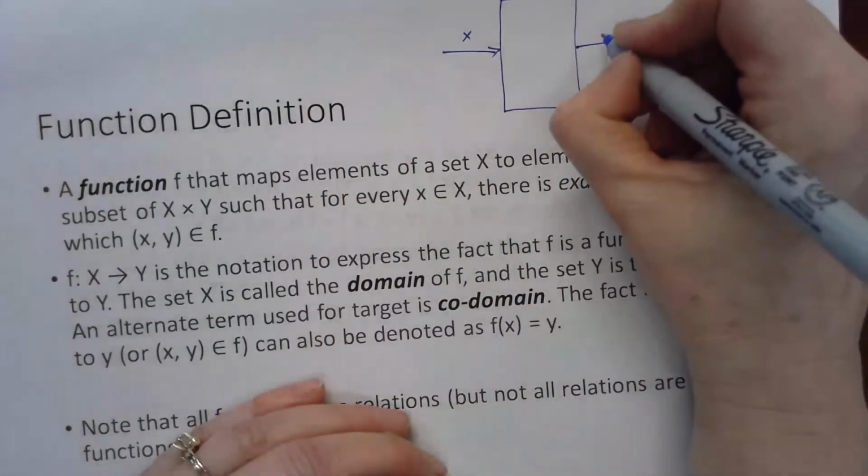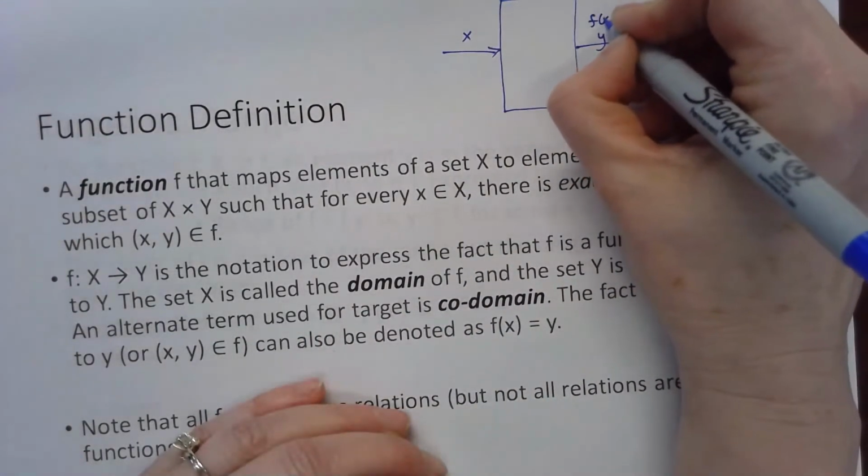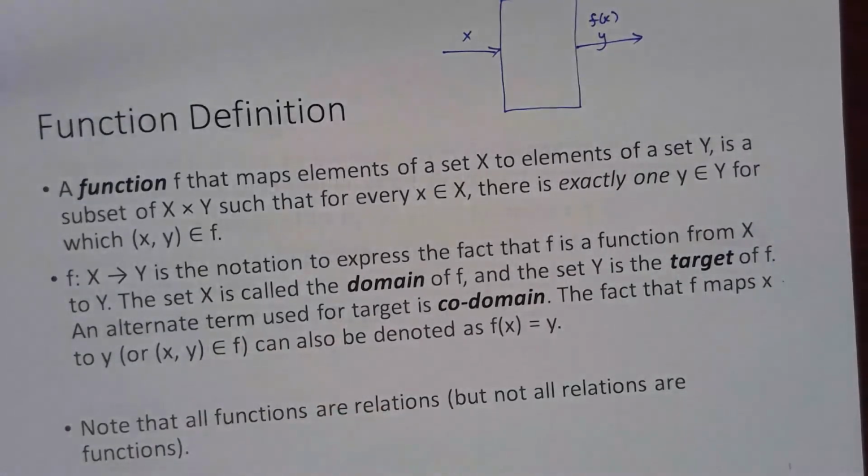You maybe call that y, or you maybe call that f of x. It takes an input, it does something to it, and it produces an output. Plus you're computer programmers, and you know what functions do. They take input, they do something, and they produce output.